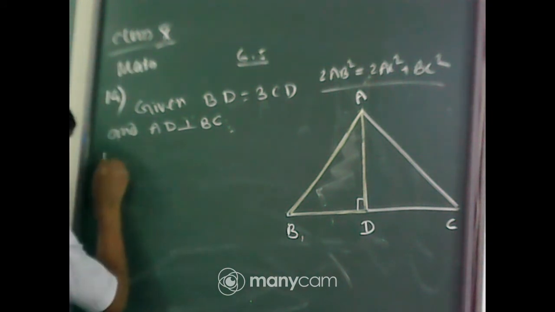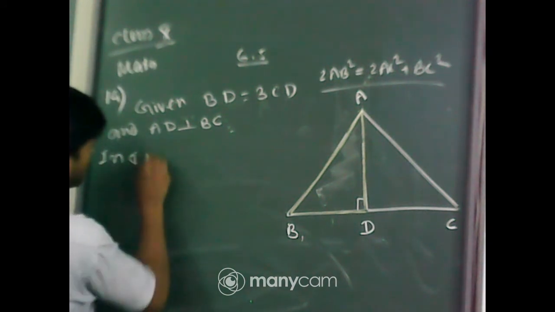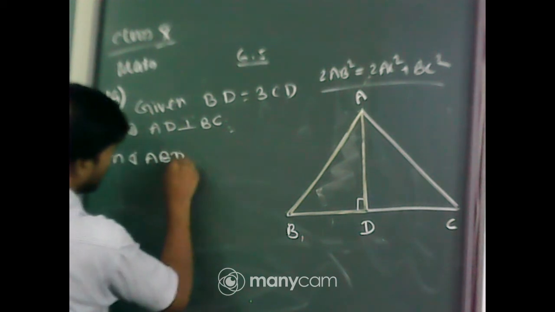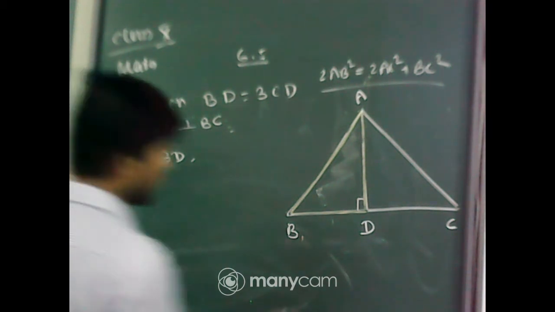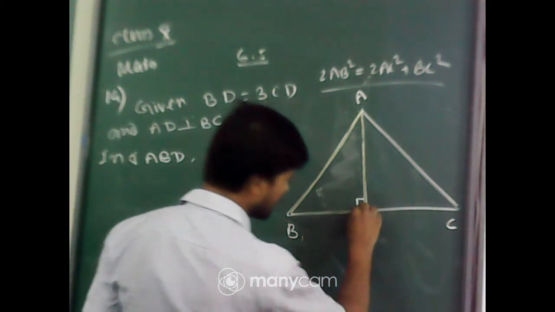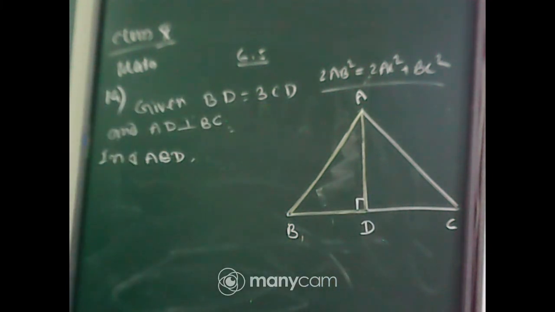So in triangle ABD, if we apply the Pythagoras theorem, then tell me what we can write. The triangle is right angle at the point D. So apply the Pythagoras theorem quickly and tell me the answer. Let's see who can give me the first answer.